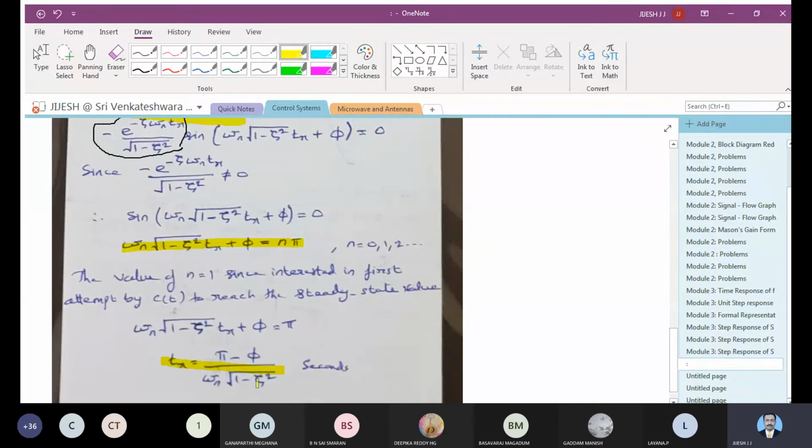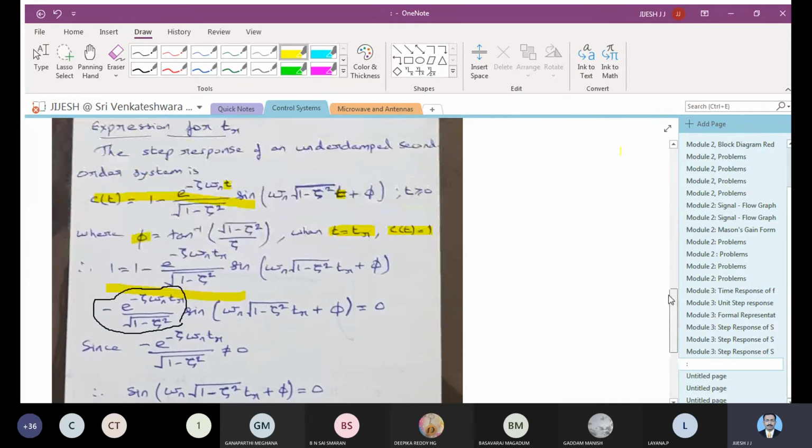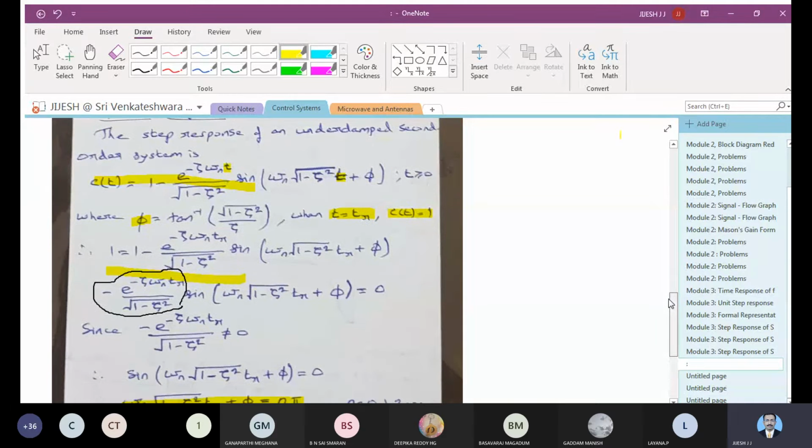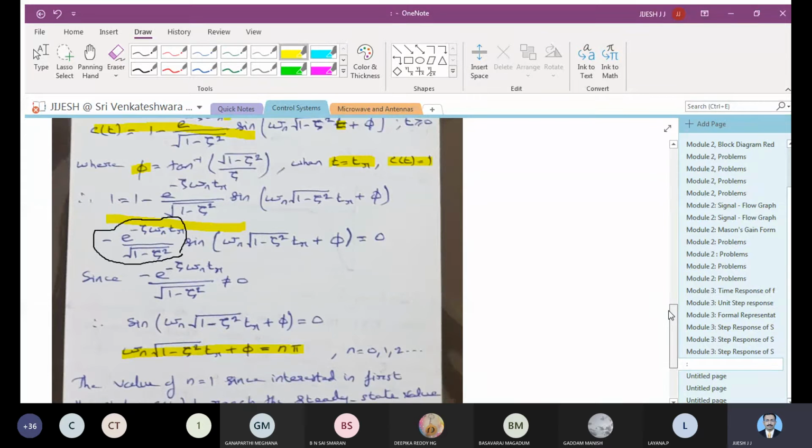What you have to understand here is that you need to remember the equation for C of t that we derived in the previous derivation for the underdamped second order system, and also the equation for phi. Then substitute C of t equal to 1 and t equal to tr, take the terms together on this side, and you get it equal to 0.